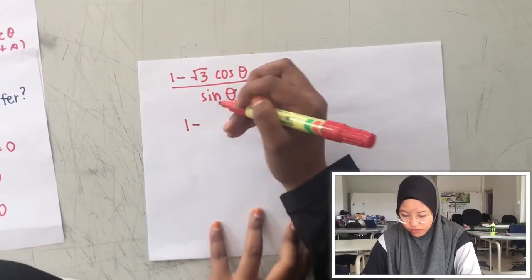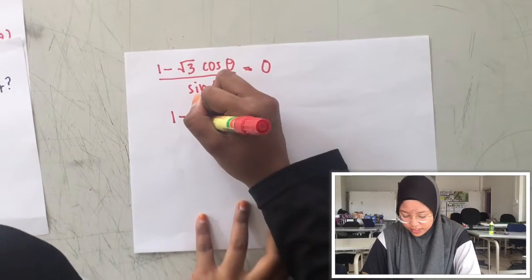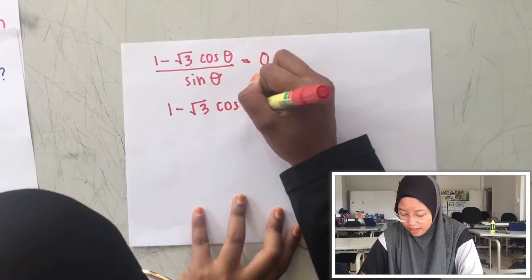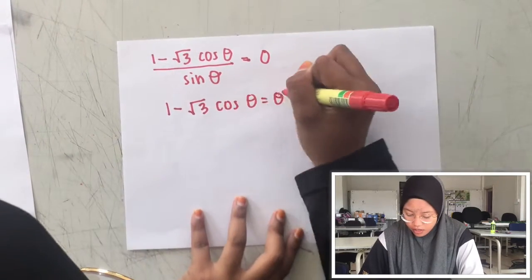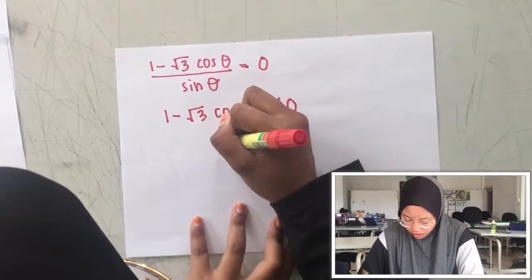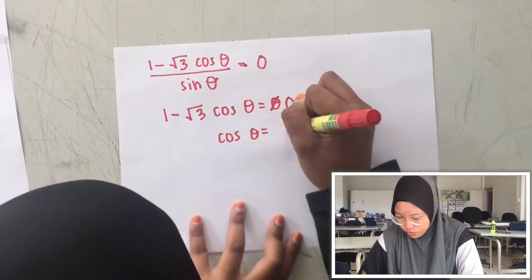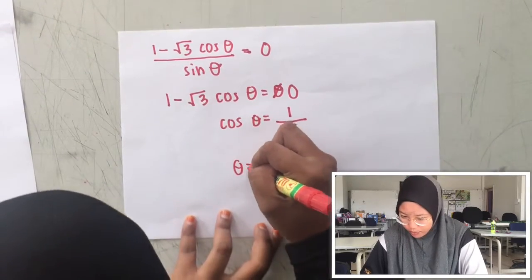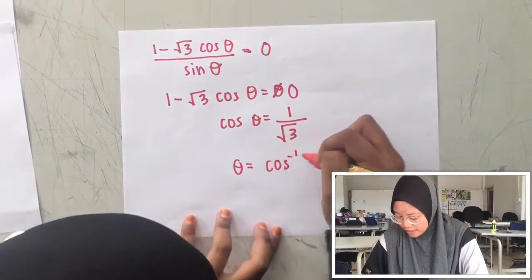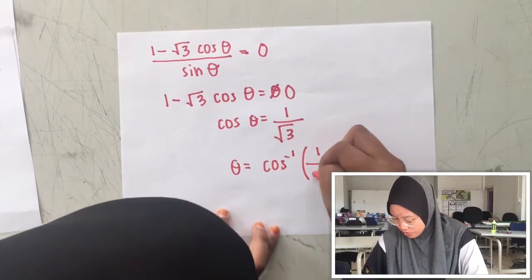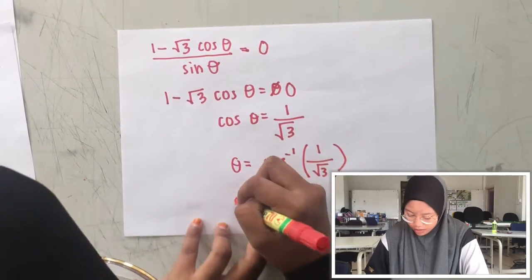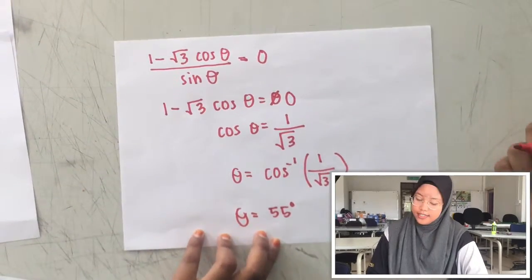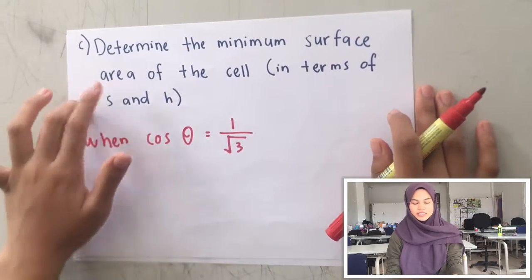Then we just need to solve for cos theta, which is 1 minus square root 3 cos theta equals 0. Cos theta equals 1 over square root 3. Theta will be equal to cos inverse of 1 over square root 3, and then the answer for theta will be 55 degrees.